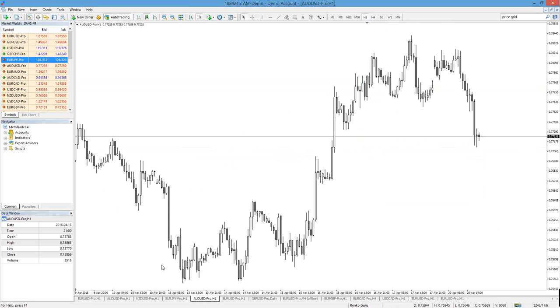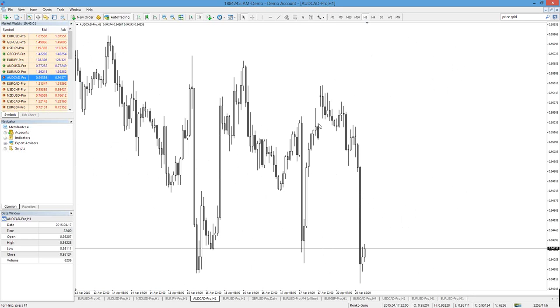I saw the question for AUD CAD. Let's see if I have it here. Look at this. This is what I don't even take a look at when it happens. Whipsaw on the 1 hour chart.